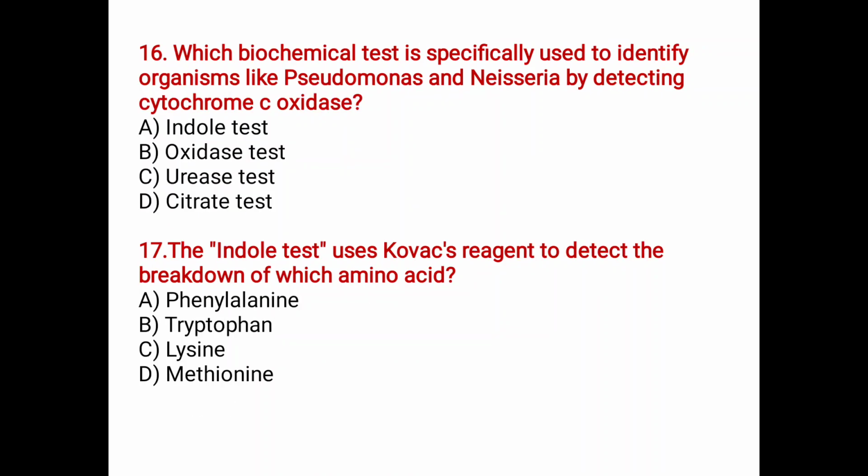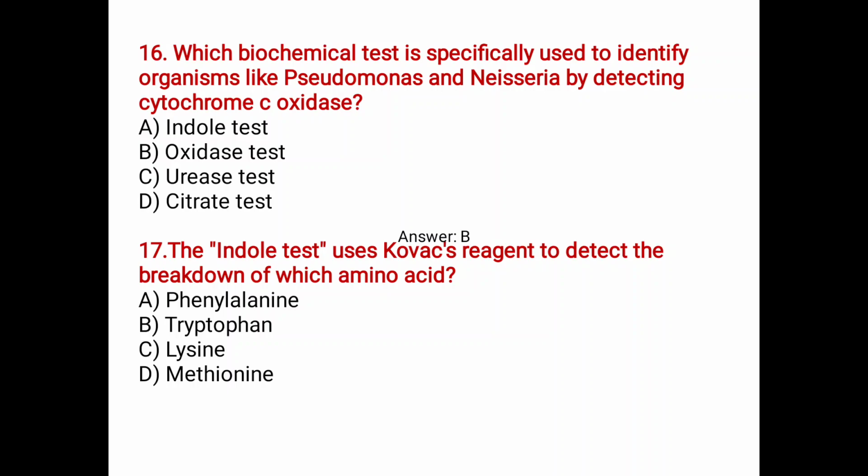Next, which biochemical test is specifically used to identify organisms like Pseudomonas and Neisseria by detecting cytochrome C oxidase? Oxidase test. Next, the indole test uses Kovac's reagent to detect breakdown of which amino acid?